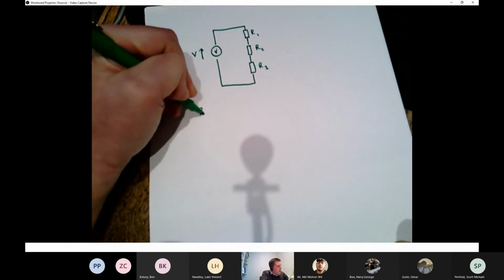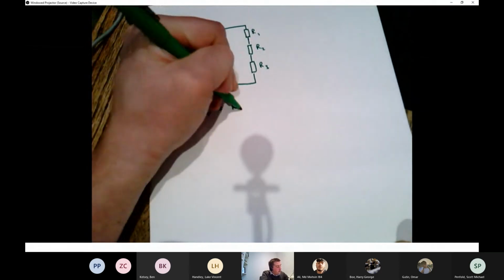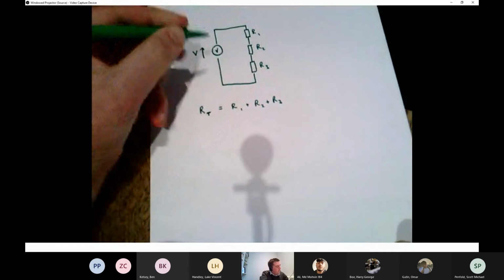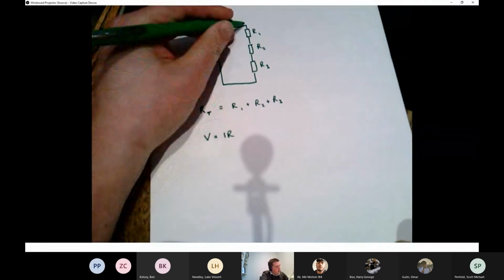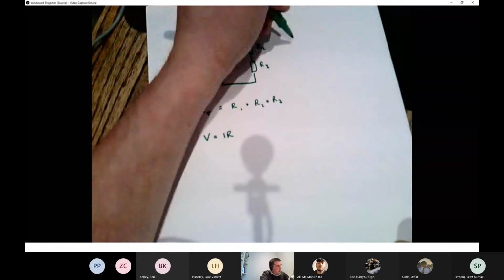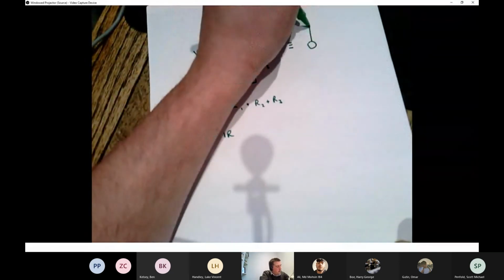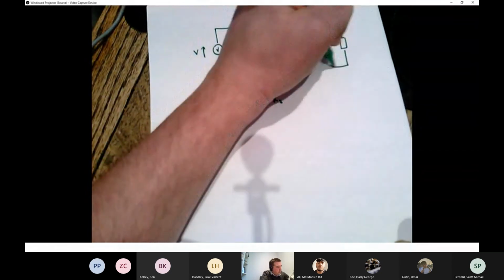So I can say, okay, RT, the total resistance, is R1 plus R2 plus R3. V equals IR. We know, I guess maybe actually it's easiest if I redraw the circuit again so that I'm following exactly the same kind of pattern.